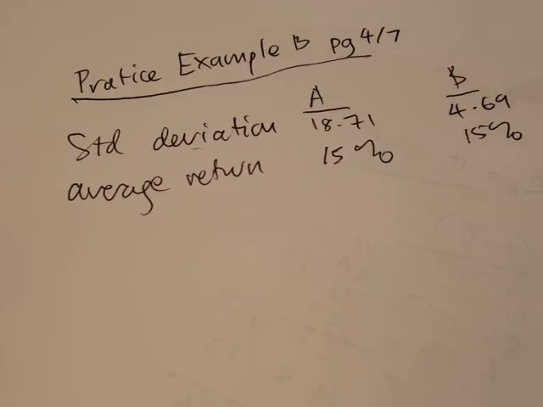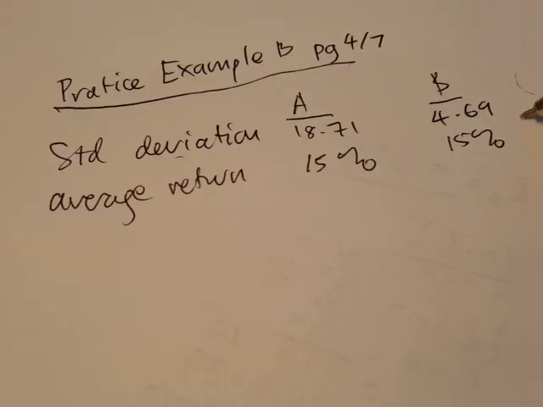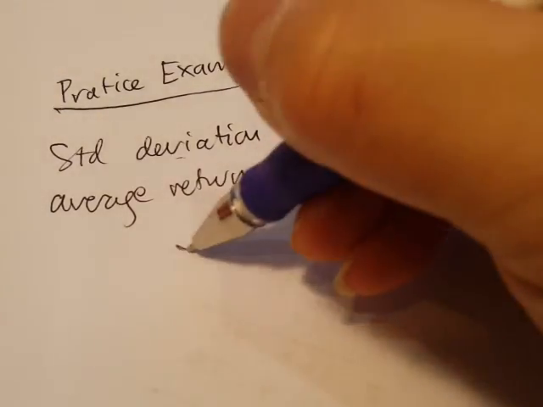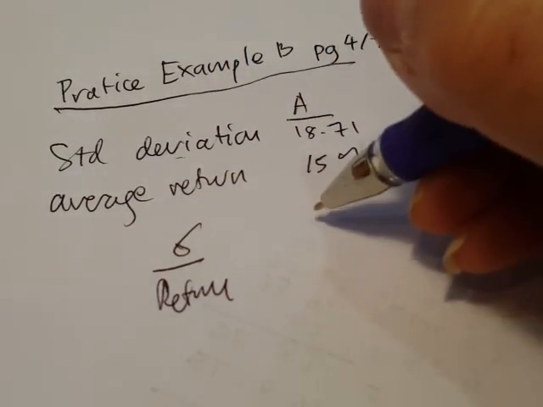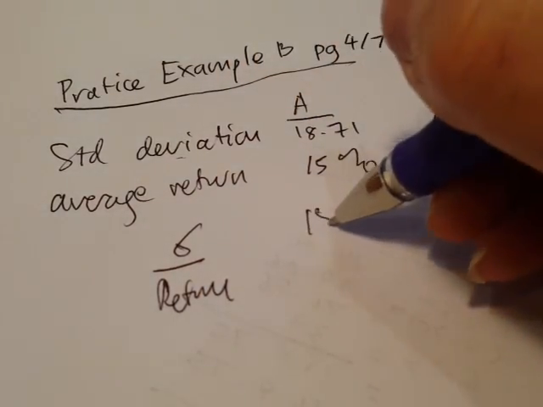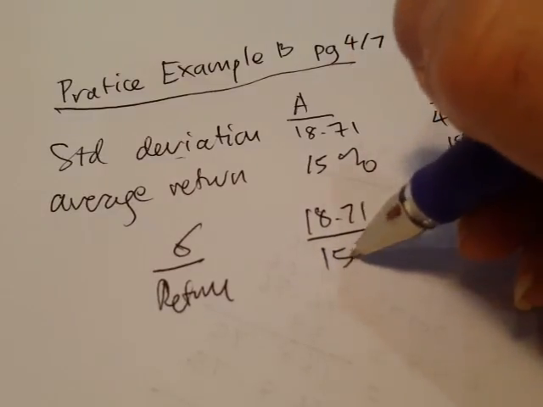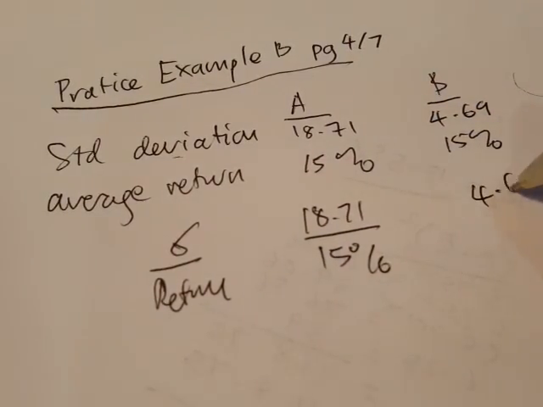What we can do is further analyze this by taking standard deviation over the return, that's 18.71 over 15%, 4.69 over 15%.